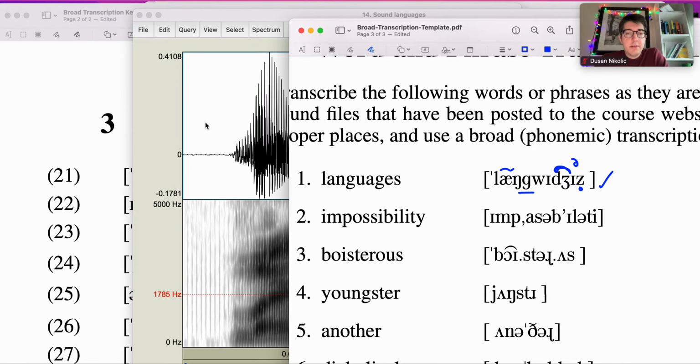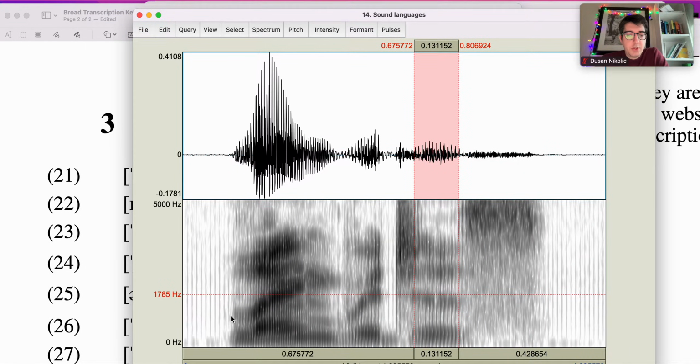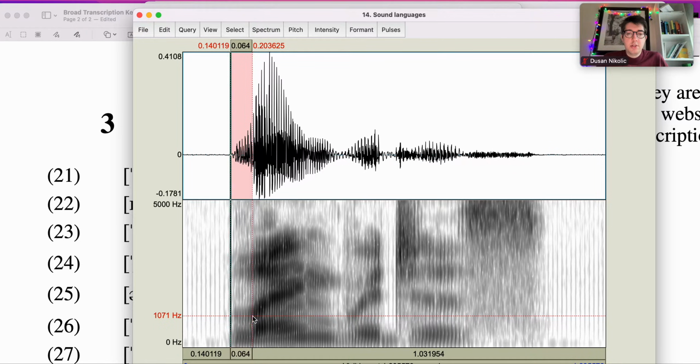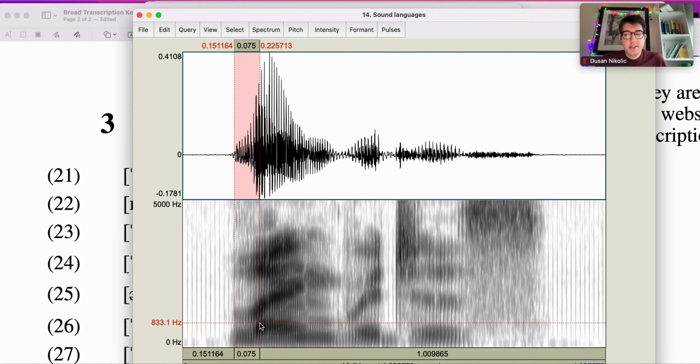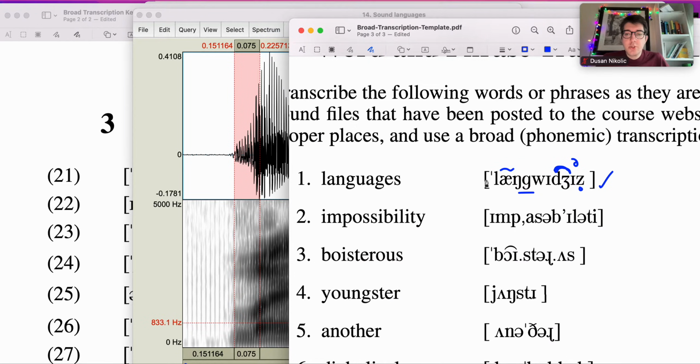So yeah, in general, good job. You can maybe listen to l as well. L is a little bit velarized. Languages. It's not like leaf. So maybe a little bit velar. But you can think about that for your narrow transcription. For this one, it's great.